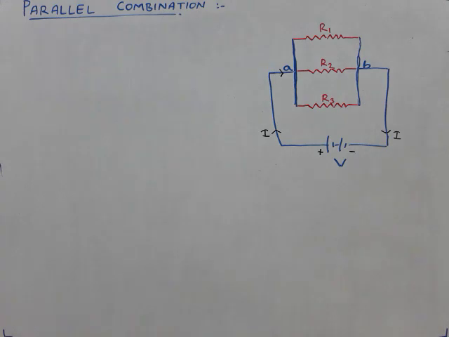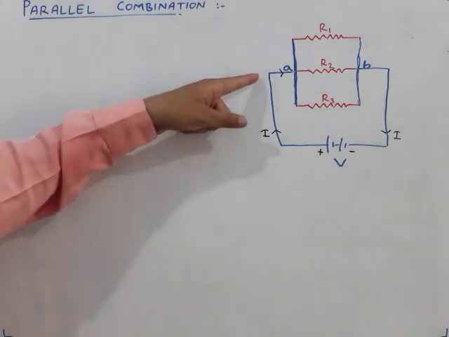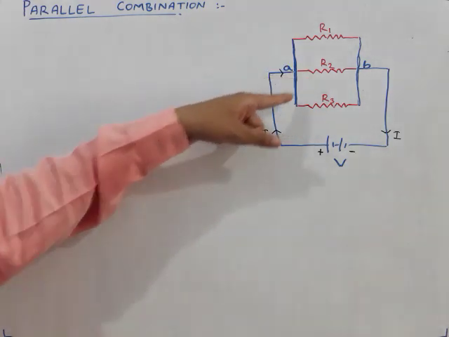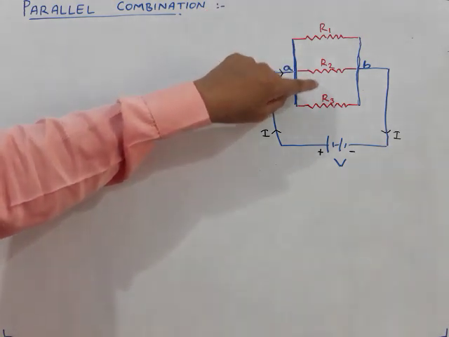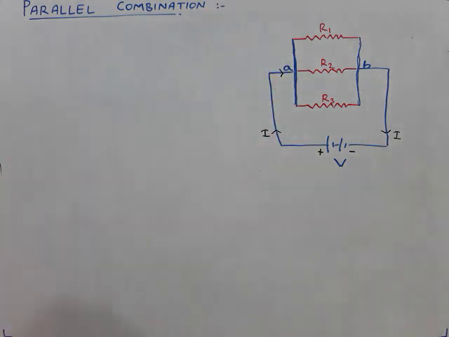Unlike series combinations, where we found there is only one path, here for the current there are three choices. Some of the current will flow through R1, some through R2, and some through R3. How much current will flow depends upon the value of resistance. If resistance is more, then in that path current will be less, and if resistance is less, in that path current will be more.